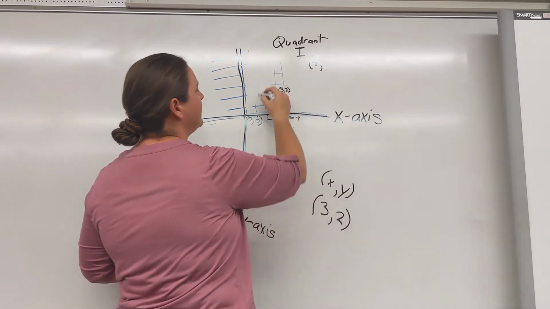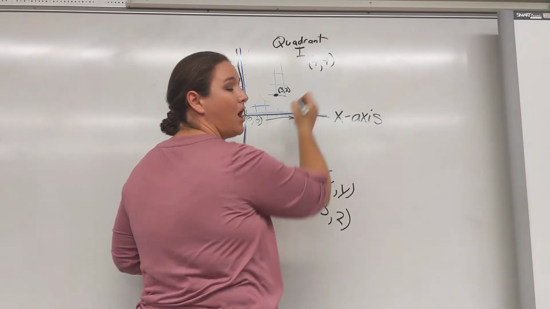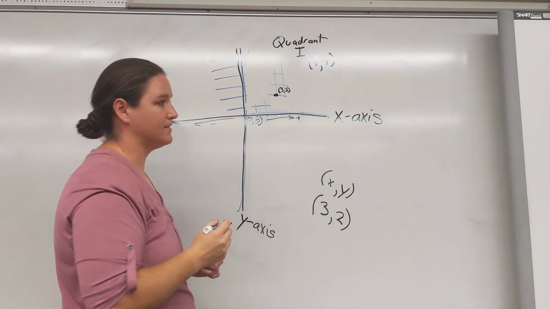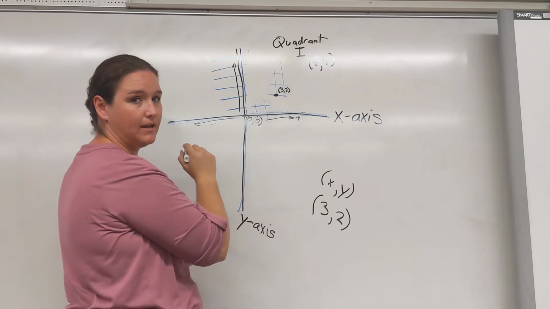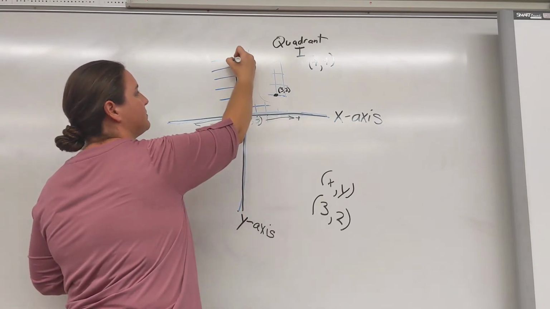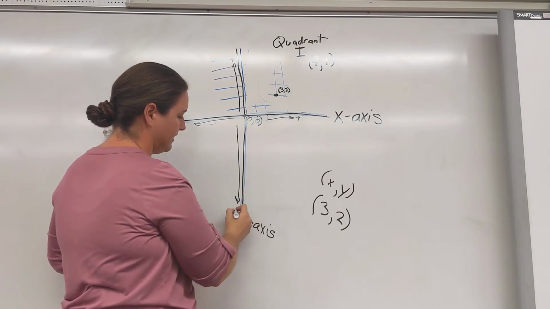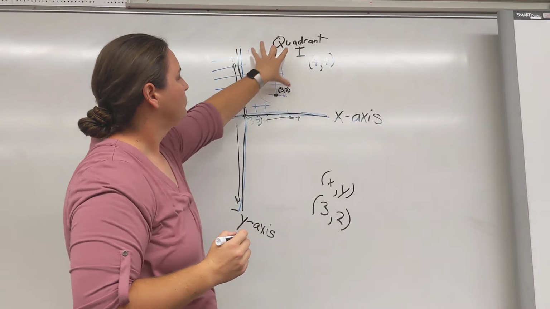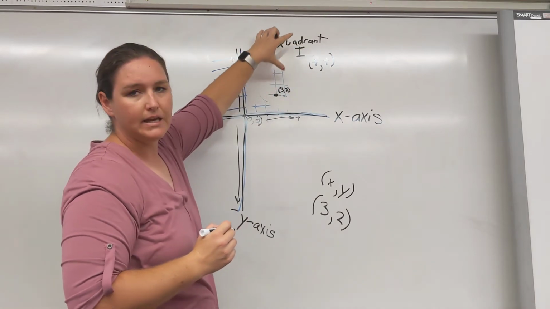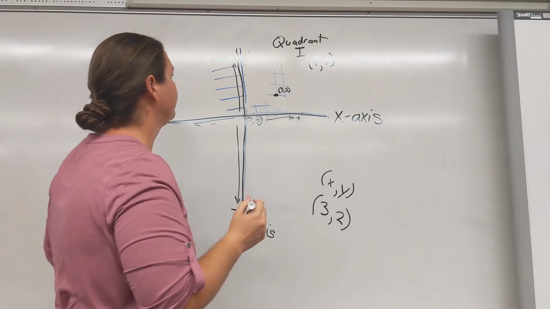So everything in this quadrant is positive, and then it's positive on the y-axis as well, because going this way on the y-axis is positive, and going down on the y-axis is negative. So right here is our positive, quadrant 1.